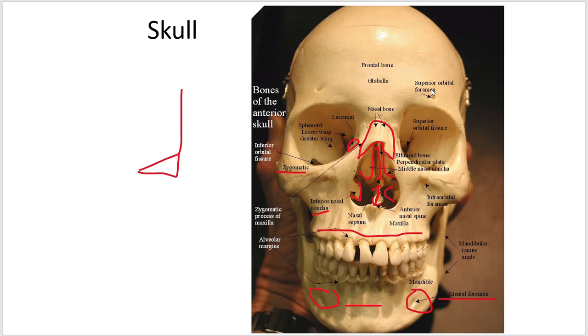I wonder if we've got superior orbital foramen on your list. We sure do. So, superior orbital foramen, and these guys are the inferior orbital foramen. So this is above the eyes hole, and this is below the eyes hole.